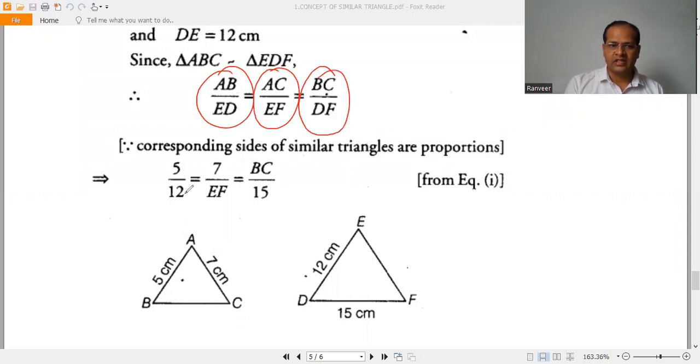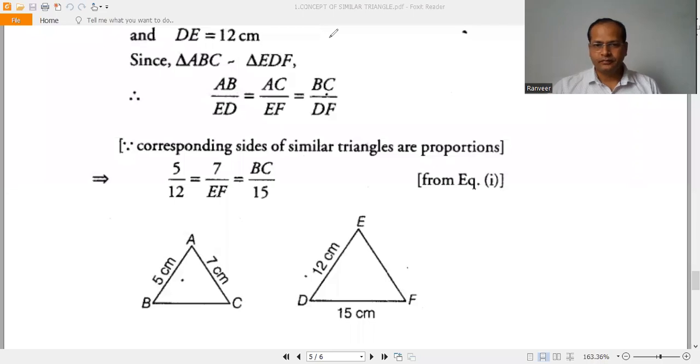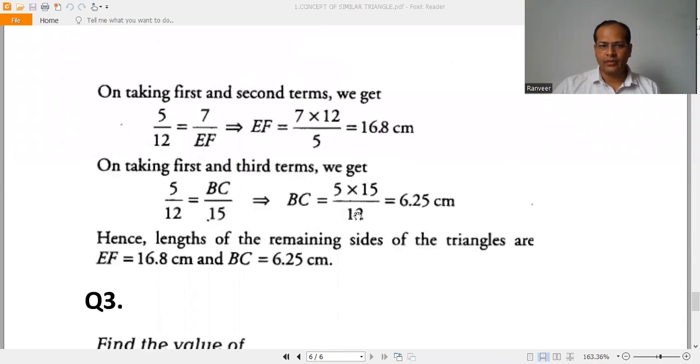Whatever values are given, first we write them and just solve. Easily we can solve the first two, then we get the value of EF. After that, solving the first and third, we will get the value of BC. In this way, we can solve for the values.